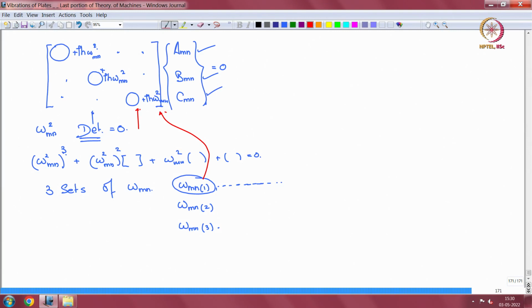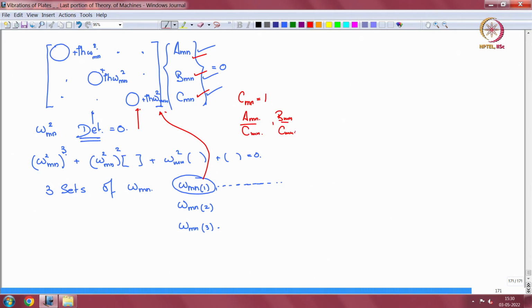As a result, you can't solve A mn, B mn, C mn independently; you will have to solve one in terms of the other. So maybe you take C mn equal to 1, then you solve A mn by C mn and B mn by C mn.